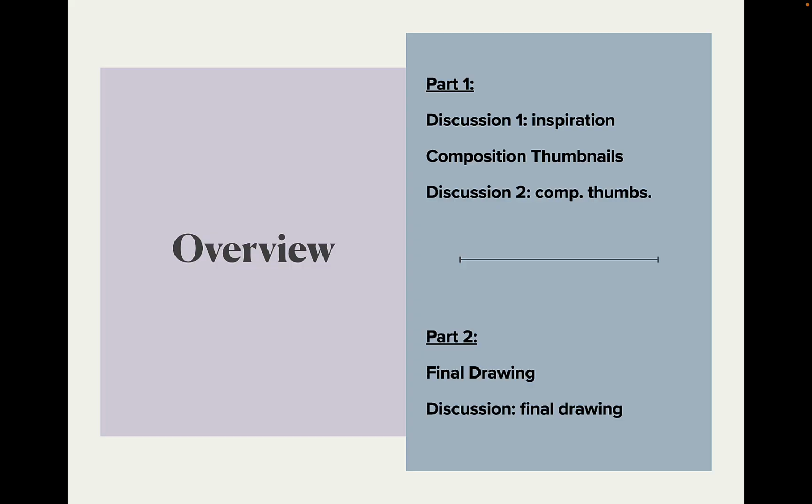The project itself will be composition thumbnails for your final. And the second discussion will be of your composition thumbnails. You'll post them and your classmates will help you choose one, which you will then use. You'll use the best composition thumbnail to create your final drawing, just as we've been doing. And then the final discussion, you'll post your final drawing to.